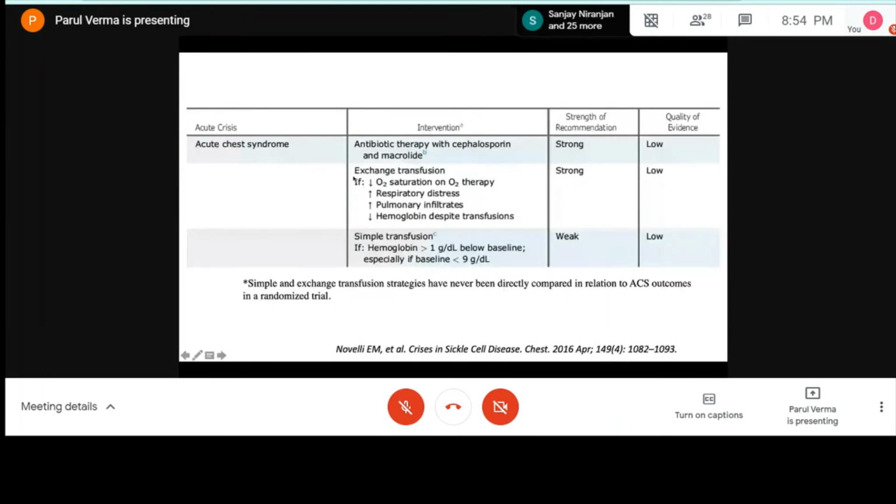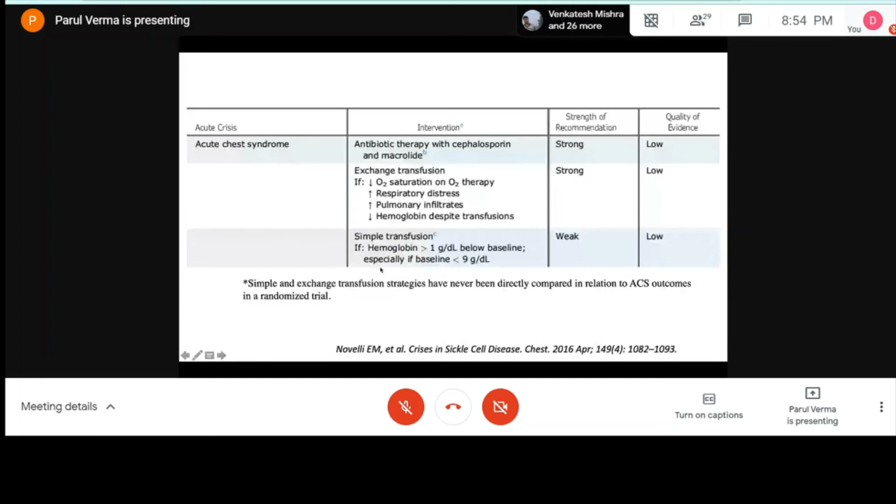You need to put in a double lumen central catheter. You need more blood volume to do exchange transfusion. So if a child is developing hypoxia, the distress is increasing, the infiltrates are increasing, and hemoglobin is dropping despite simple transfusion, then you will have to go for exchange transfusion. Otherwise, just doing a simple packed RBC transfusion would suffice. So when do we transfuse?